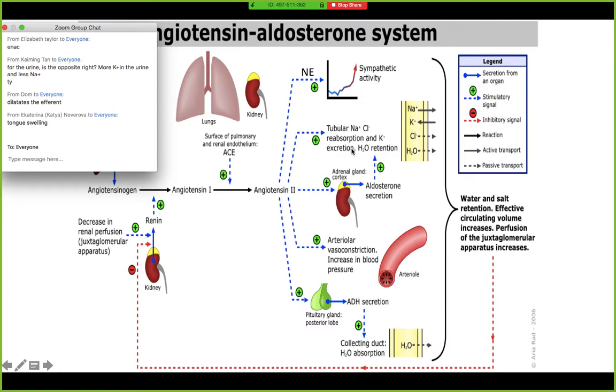You're also increasing tubular sodium chloride reabsorption and potassium excretion, and that's mediated by the aldosterone release from the adrenal cortex. You're also seeing the arteriolar vasoconstriction from the direct action of angiotensin 2 on the arterioles. And then one that's at least easy for me to forget is that angiotensin 2 is acting on the pituitary gland, specifically the neurohypophysis, to increase ADH secretion.